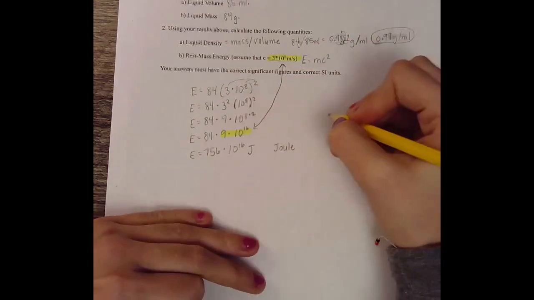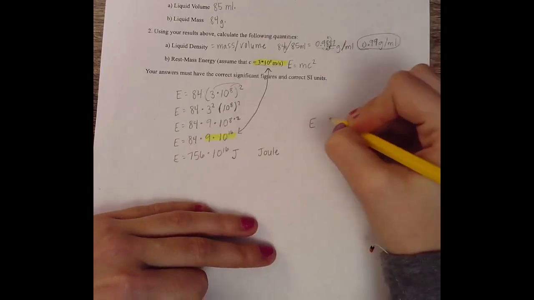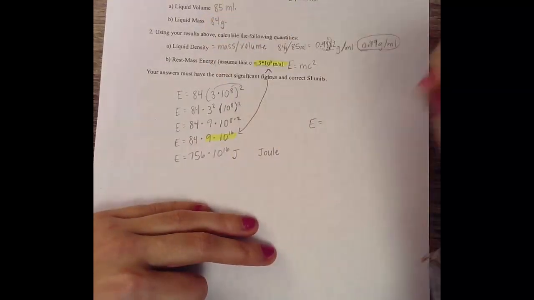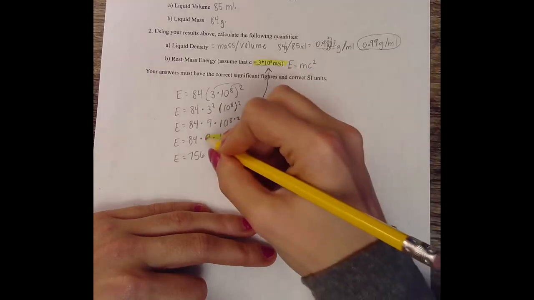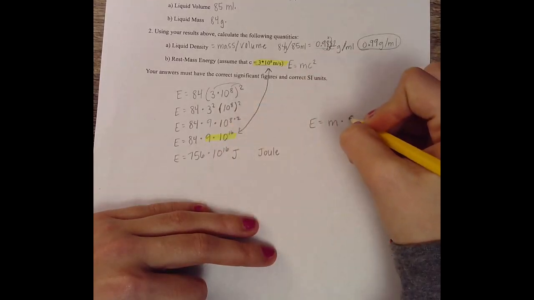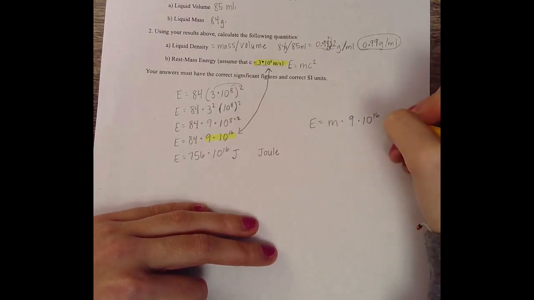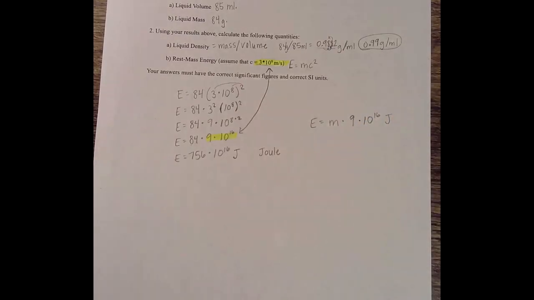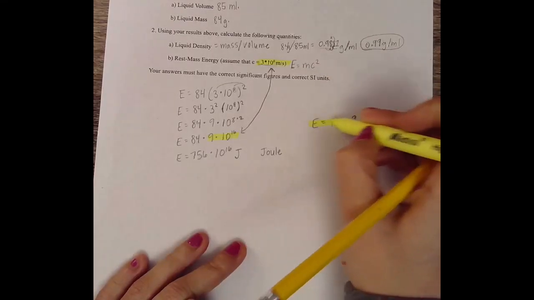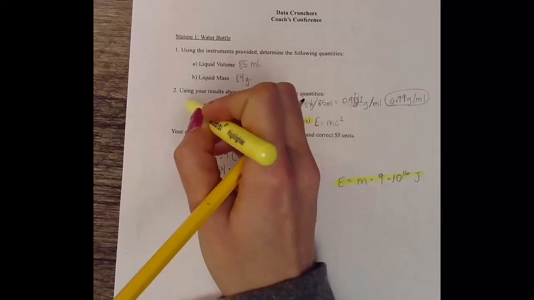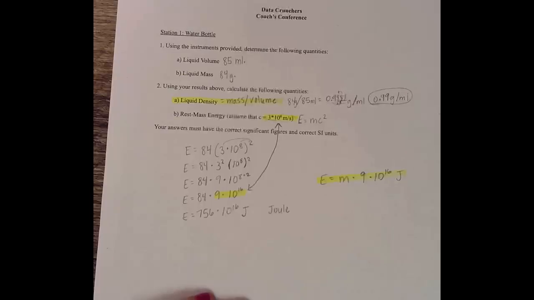So really, you're going to want to memorize E equals your mass times 9 times 10 to the 16th power. Don't forget your J as part of your answer. Okay? I think you'll be good to go if you can memorize that formula along with your liquid density formula, mass divided by volume. Good luck, guys.